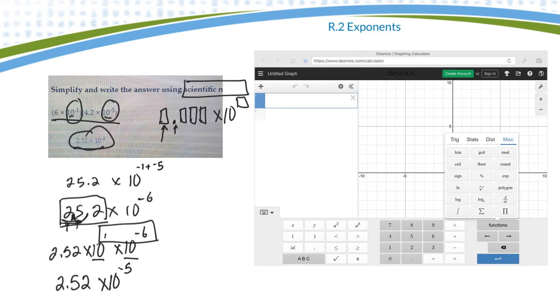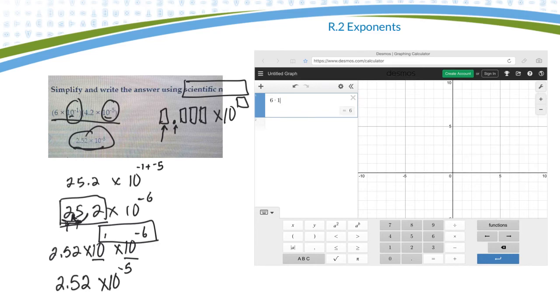So I have 6 times 10 to the minus 1, times 4.2 times 10 to the minus 5.